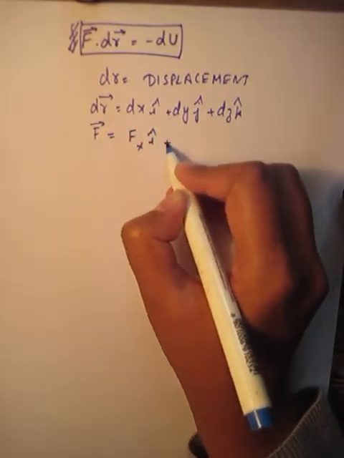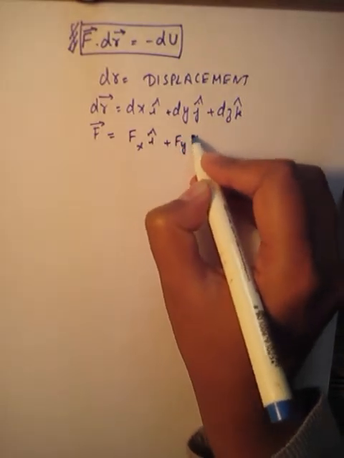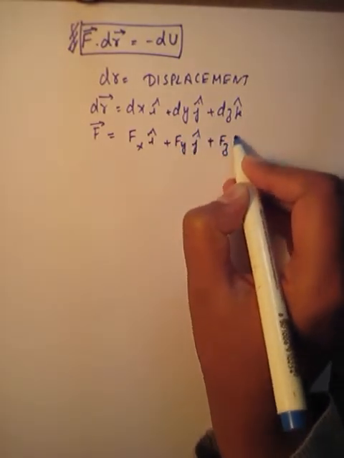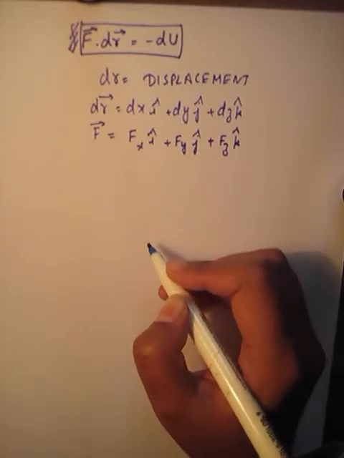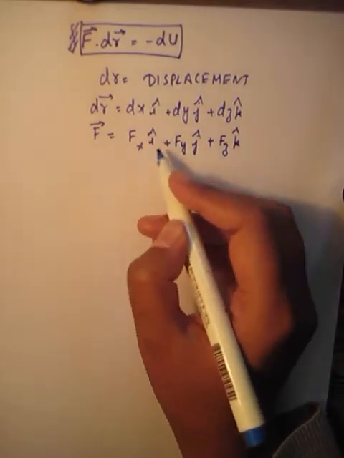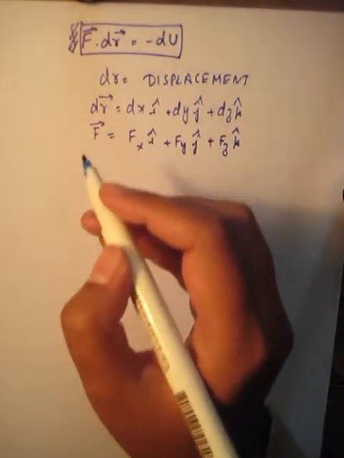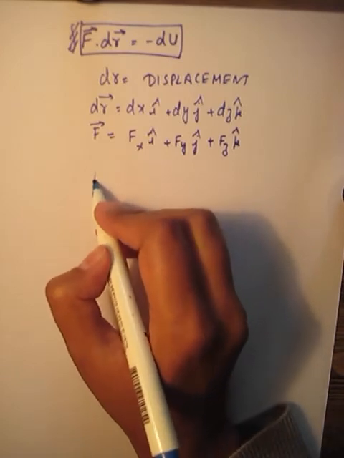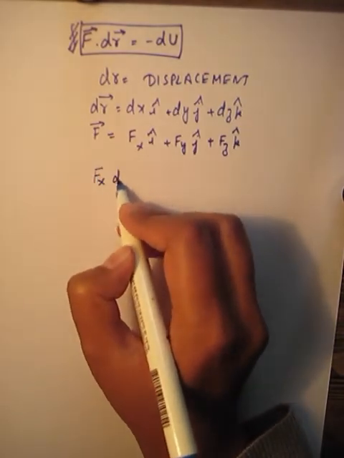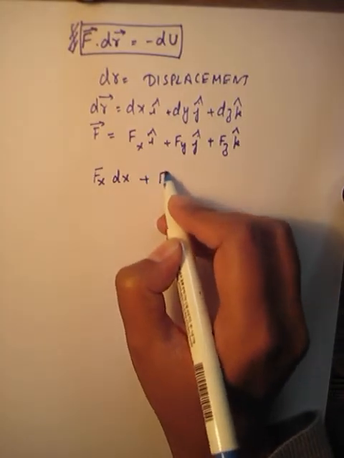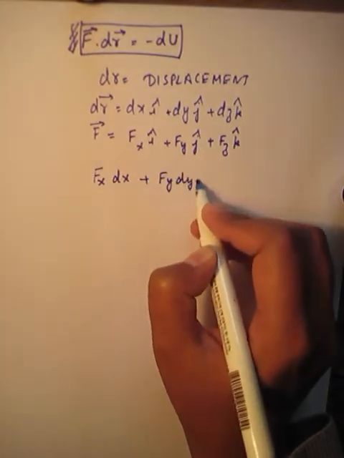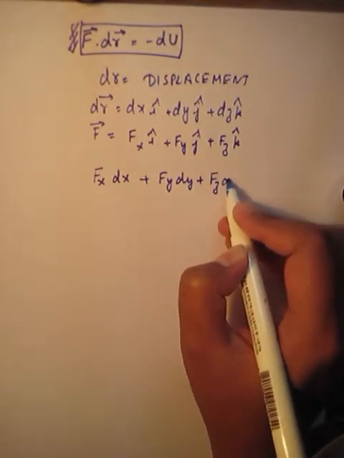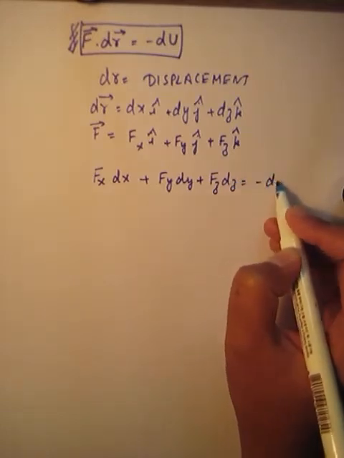It could be Fx i, Fy j and Fz k unit vector. So if we take this dot product and put this value here, what we'll get is Fx dx plus Fy dy plus Fz dz is equal to minus dU.